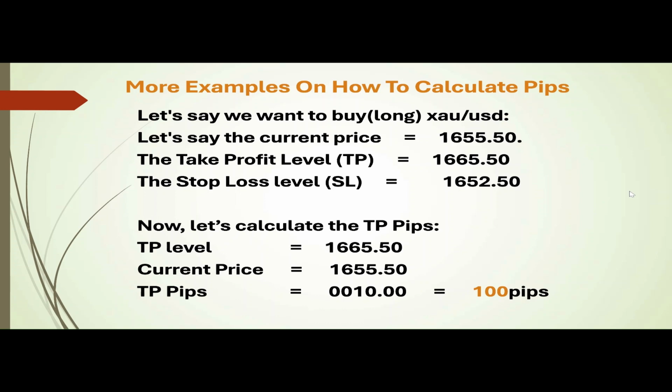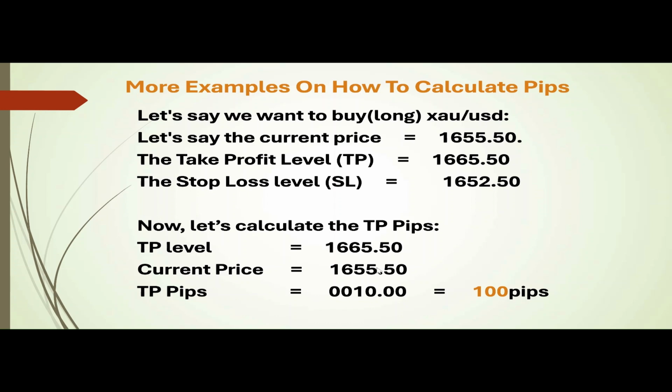Now the next slide here, more examples. That's our stop loss that we've just calculated. Now let's calculate our TP level pips. To calculate our TP pips, we bring our take profit price first, which is 1665.50.